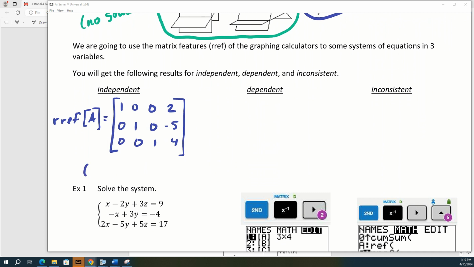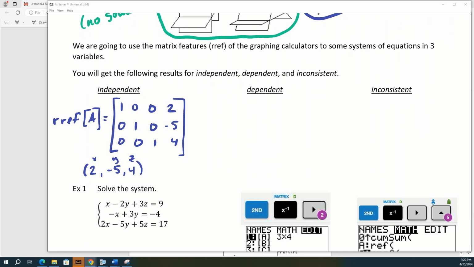You learned about ordered pairs a long time ago, an X and a Y. An ordered triple is X, Y, Z. So the solution to this system would be 2, negative 5, 4. That's your X, your Y, and your Z. That's what's going to happen when there's one solution, when it's an independent system.